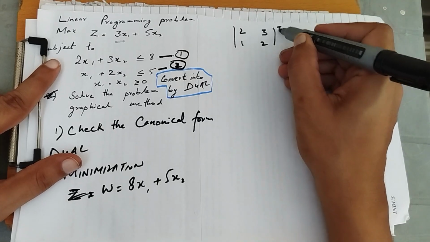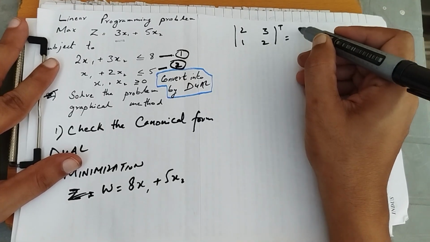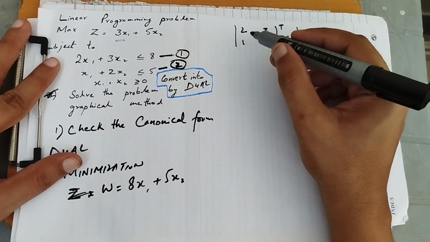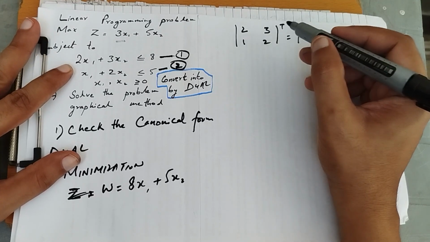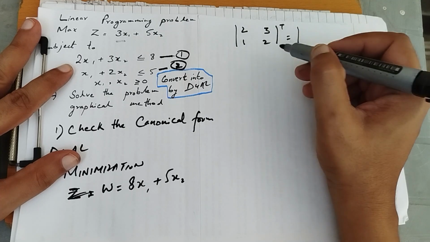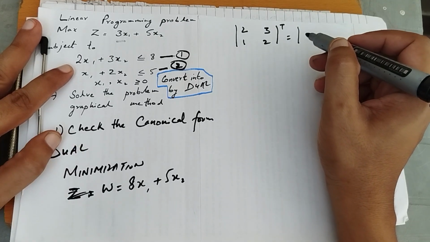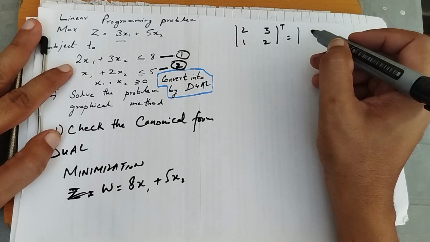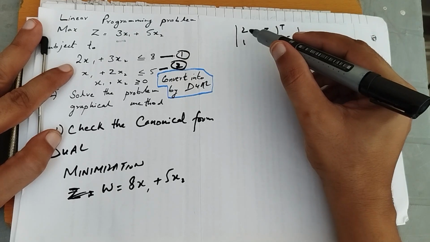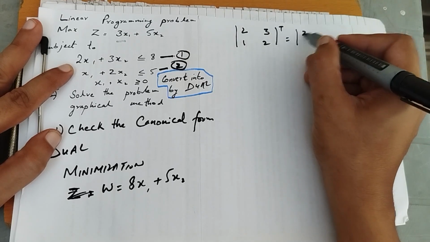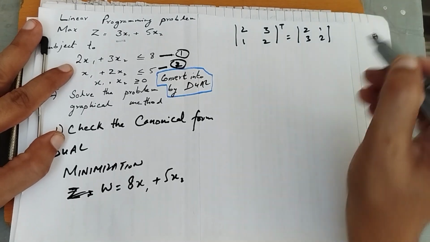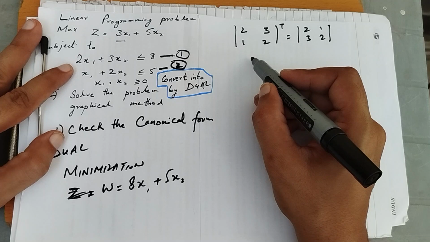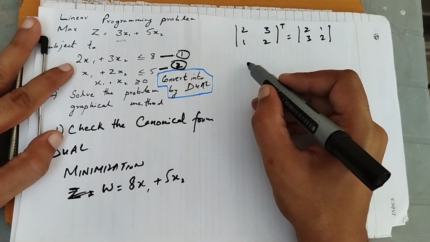So we have to transpose it. You have a choice, either you convert the row into column or column into row. It is your choice. So let's take the row into column. That would be 2, 3, and 1, 2. So these are the new coefficients of the constraints of the dual form.